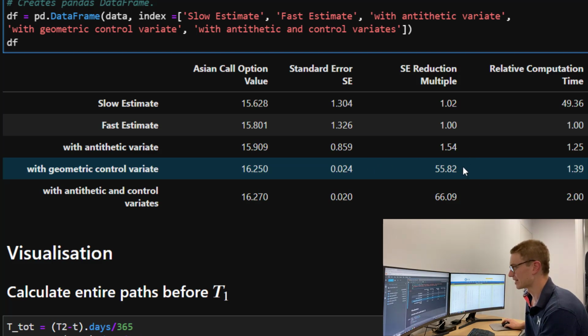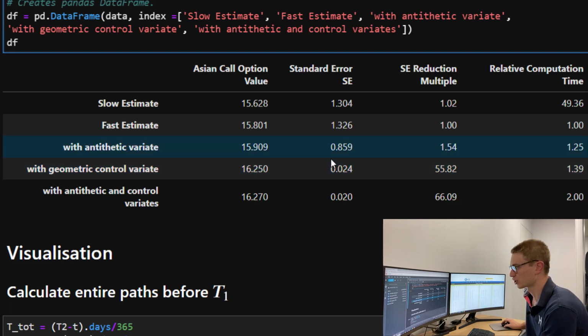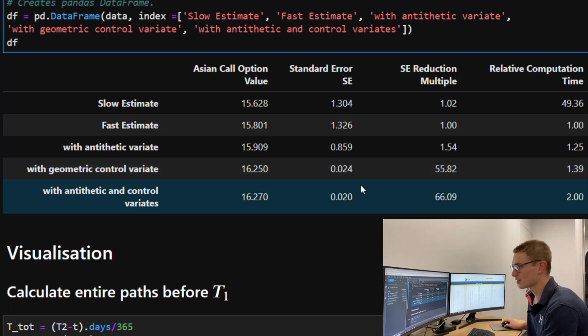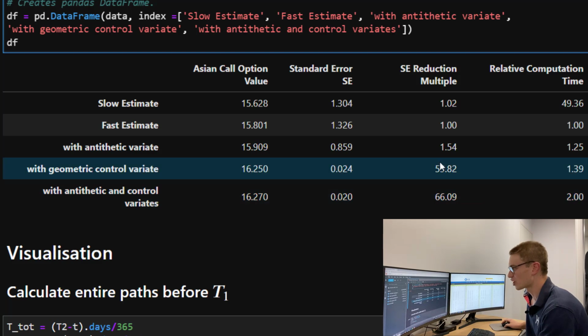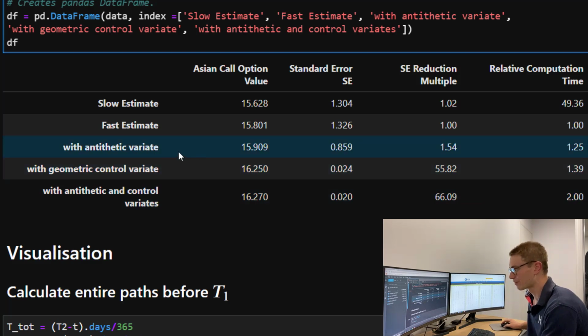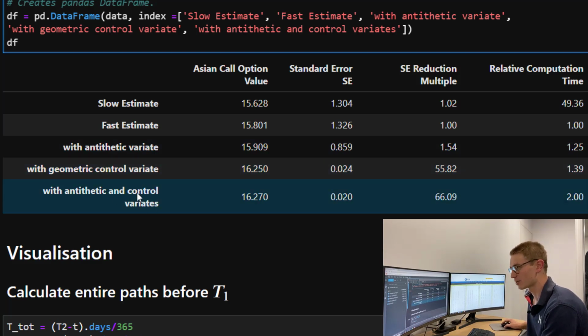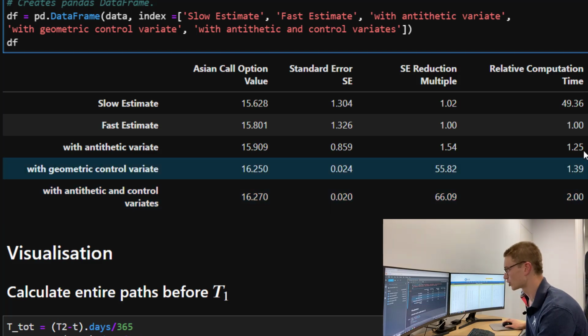Therefore, we get very significant gains in terms of this reduction in the standard error. Now, obviously you can see the benefit when you add the antithetic variate with the geometric control variate. You get a further increased reduction of a multiple of 66, but that does take an increased computation time of 2 times what our normal vectorized estimation was.